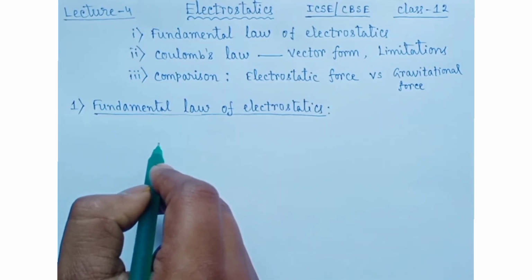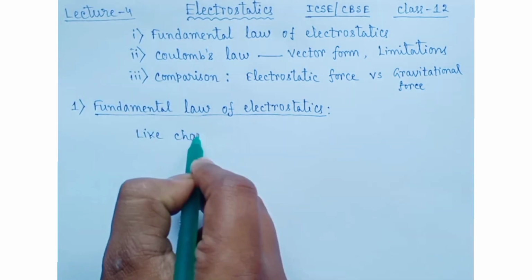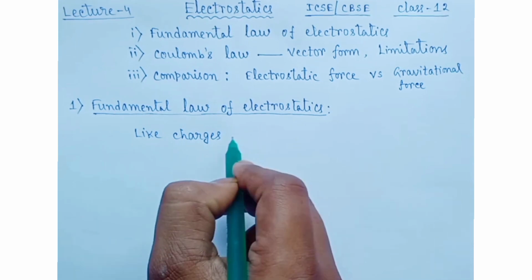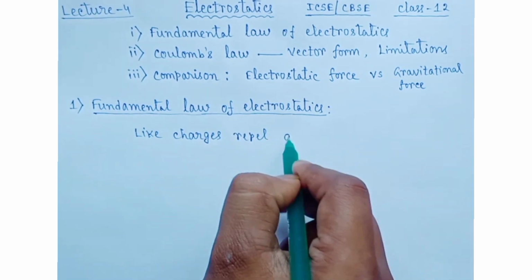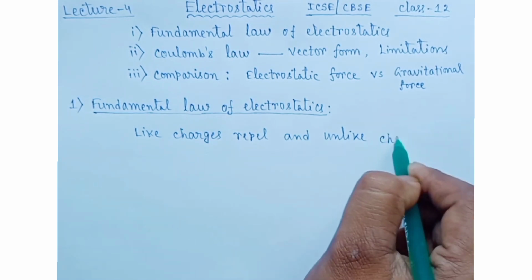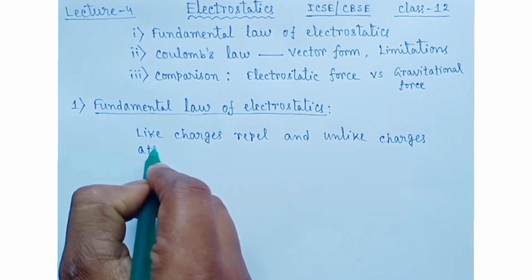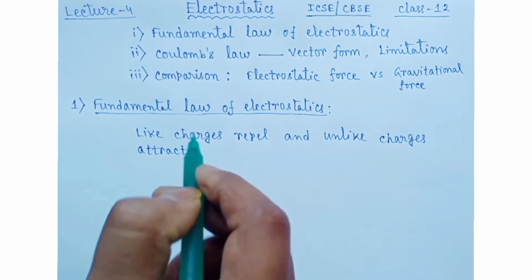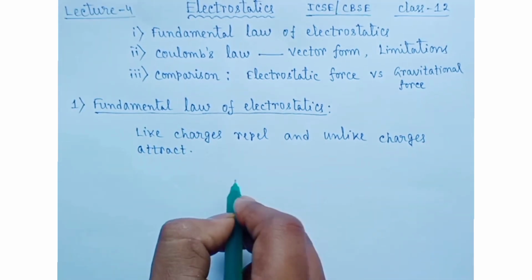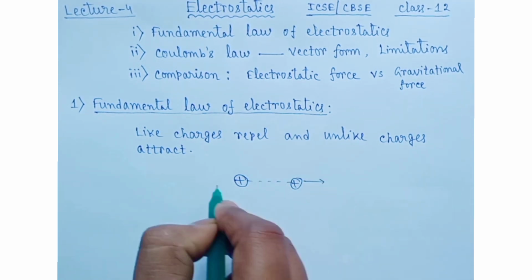The fundamental law of electrostatics states that like charges repel and unlike charges attract each other. So if we have two positive charges, then they will repel each other.